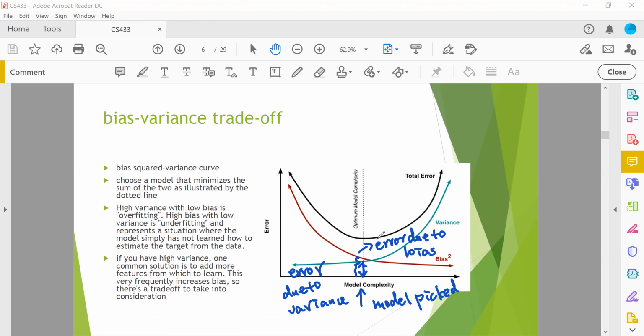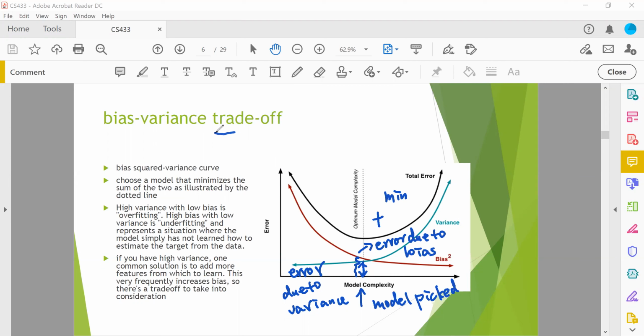And this is some model that you picked. Then you add both of them together, and this will be the minimum sum of the error due to bias and variance. Then this is the best model that you can find with the provided data set.